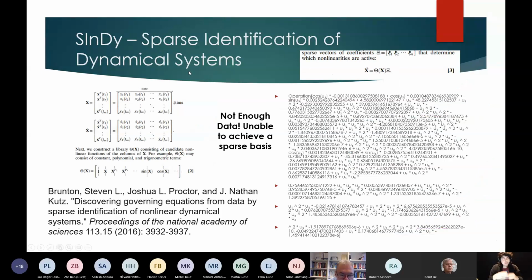there's this method that people know about, which is SINDy, which is sparse identification of nonlinear dynamical systems. And the idea here is that you can build a dictionary. You can choose a dictionary like all polynomials plus all trigonometric terms.